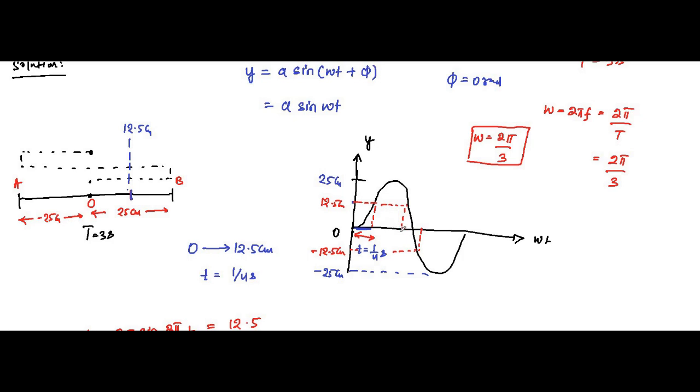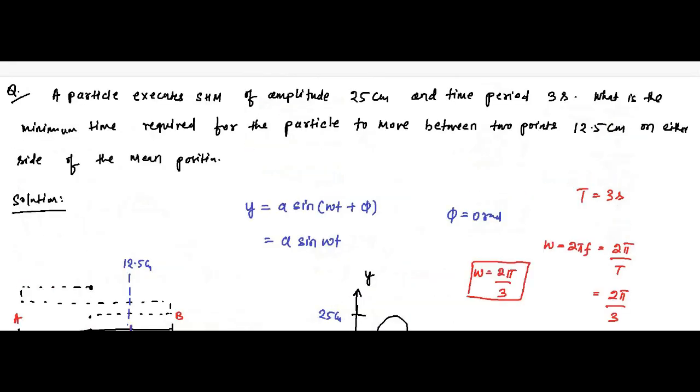So what is asked in the question? How much time is required for the particle to move between 2 points 12.5 centimeter on either side of the mean position?